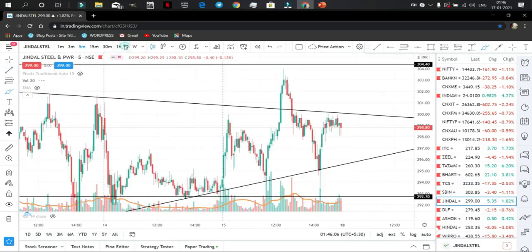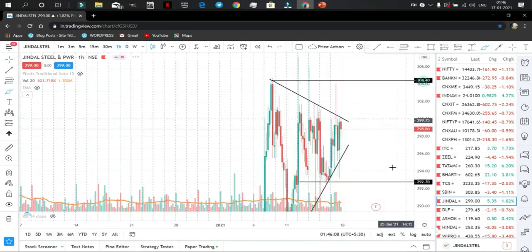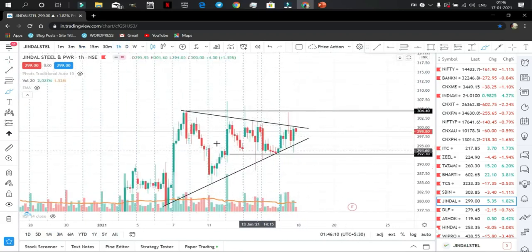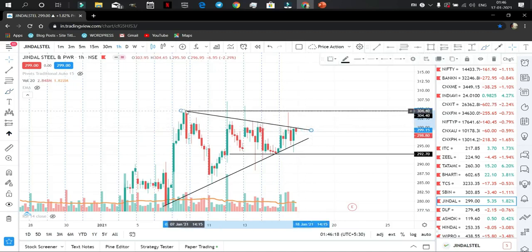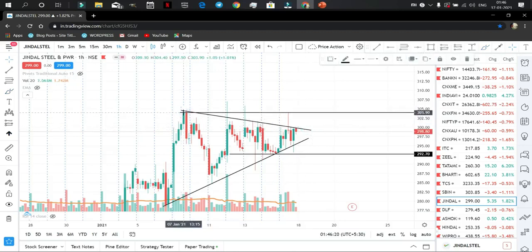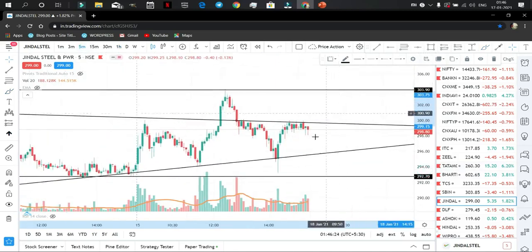The next one is Jindal Steel, and there is also a triangle like pattern that's being formed on the chart. And let's zoom it to the 5-minute time frame.